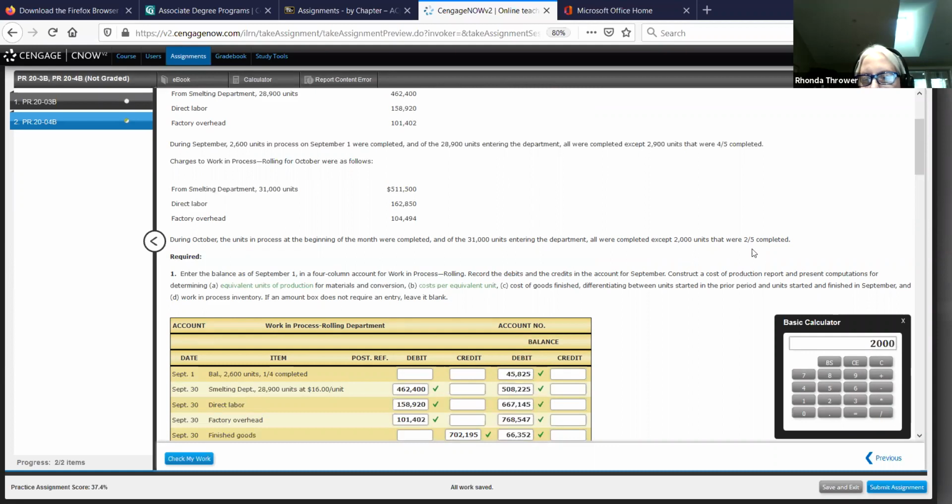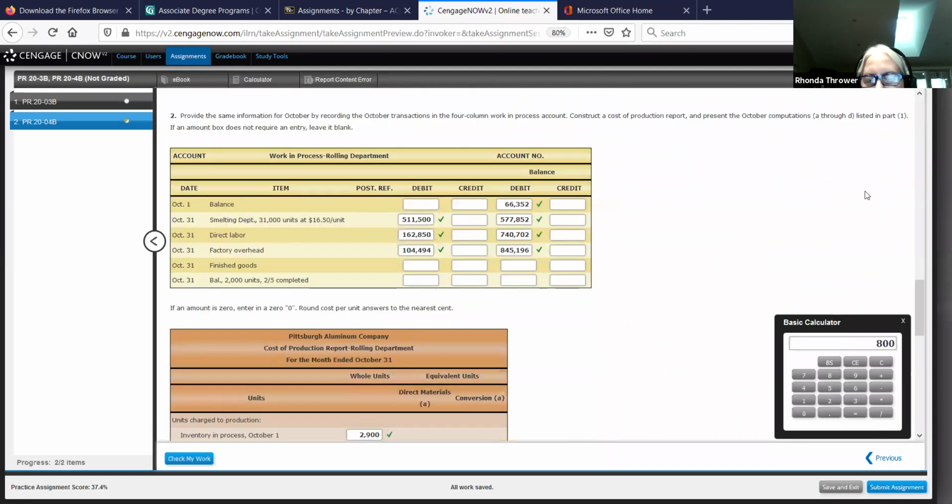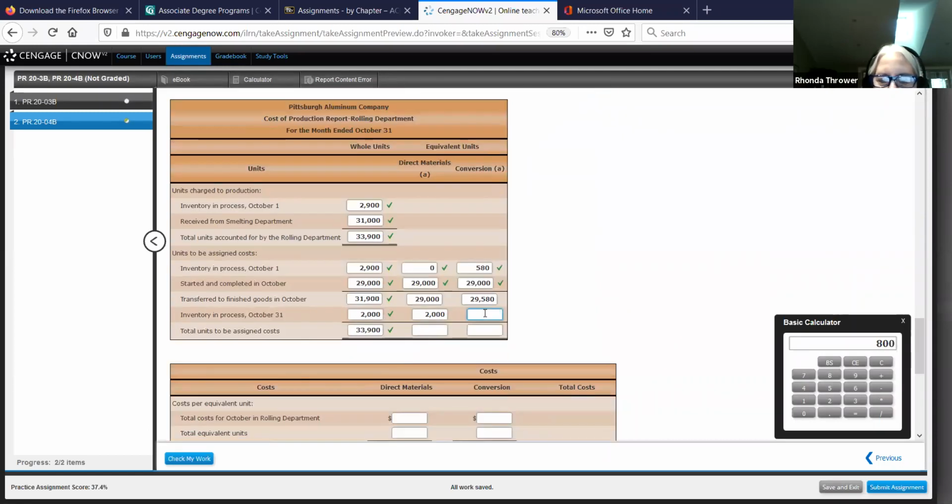They were 2/5 complete. So 2,000 times 2/5 is 800 units. And it's a good idea to check your work here. And then you're going to combine these two to tell you the total units to be assigned cost.